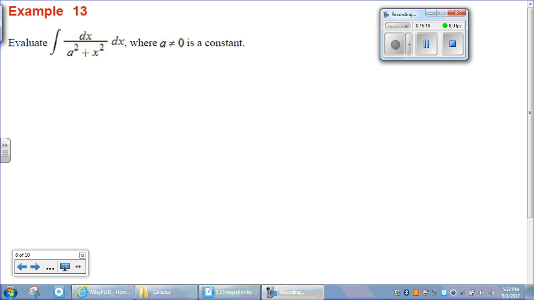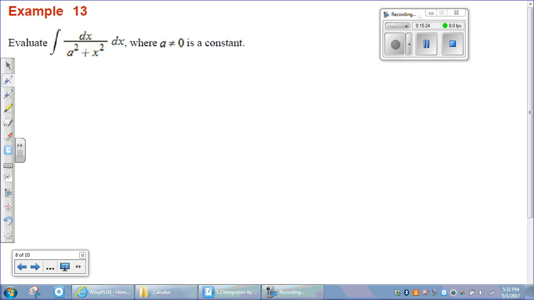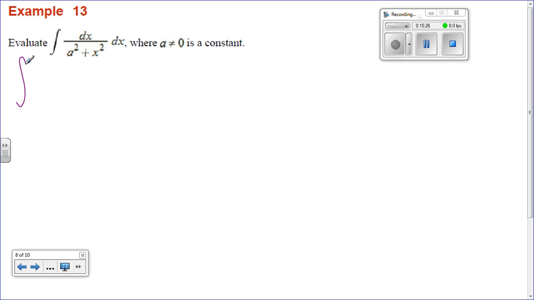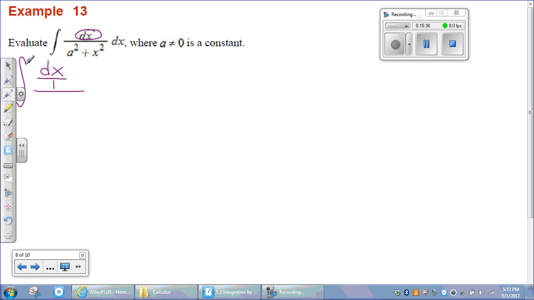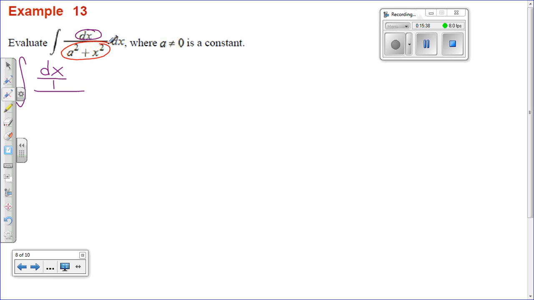So before we start solving this problem, I'm going to rewrite it a little bit. So we start by the integral of dx over 1. That will be this part. And then this part right here is going to be a squared plus x squared over 1.